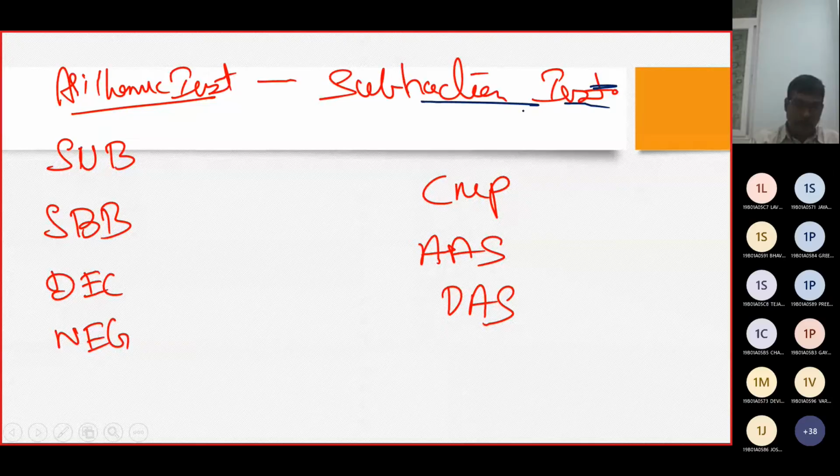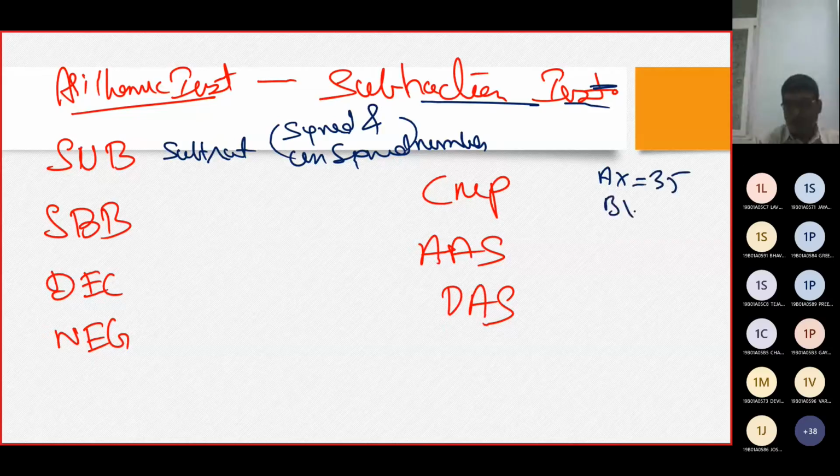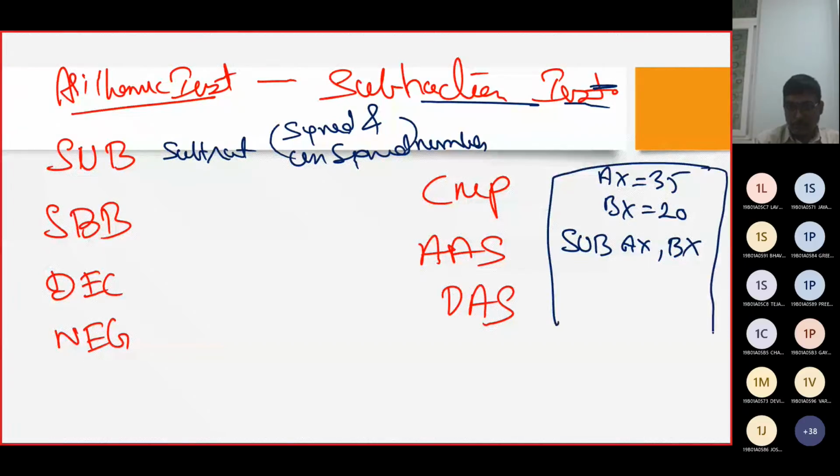In the subtraction instructions, the first is subtract. It can be performed with signed and unsigned numbers. The example: AX is equal to 35 and BX is equal to 20. Then I say SUB AX, BX.